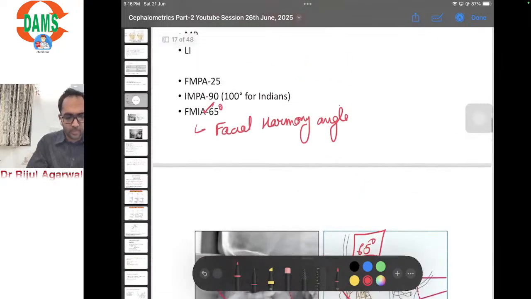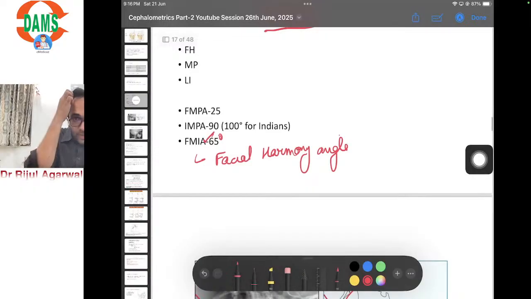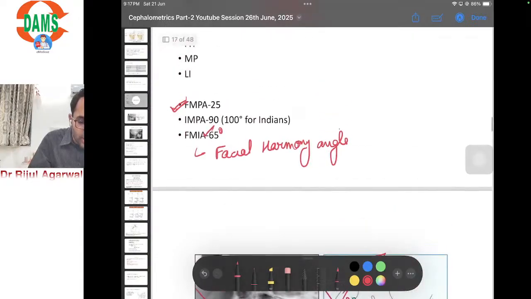Now FMA or FMPA is according to the growth pattern of the individual. Whether it is downward rotating or upward rotating, through our braces or orthodontic treatment, you cannot alter it. You cannot alter the growth pattern of the patient. So again this angle gets fixed, and for this angle we want 65 degrees.